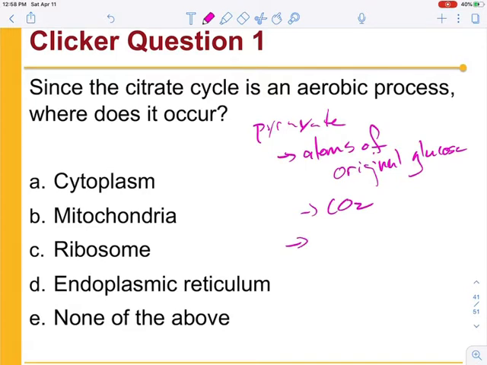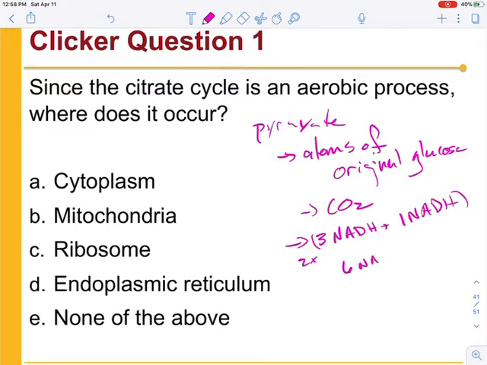We have generated in this process 3 NADH in the citric acid cycle plus 1 NADH in pyruvate oxidation, and this is times 2 because there are 2 pyruvates.